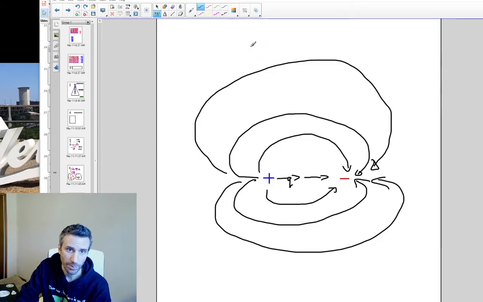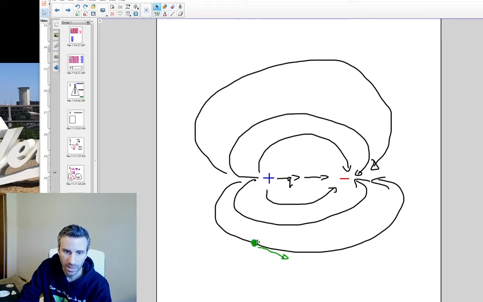Now remember that it just represents the direction of the force, not the direction that it actually is moving. So let's say that I were to put an object right here, and the object would start to accelerate in that direction at that moment in time. But as it picks up speed, remember that it has momentum, it has inertia, it has mass.